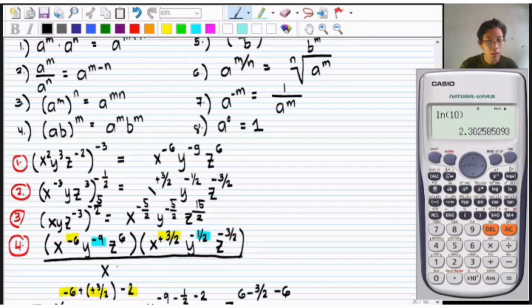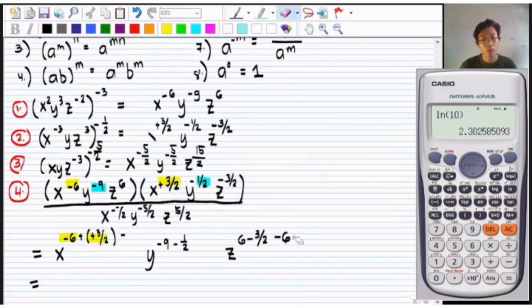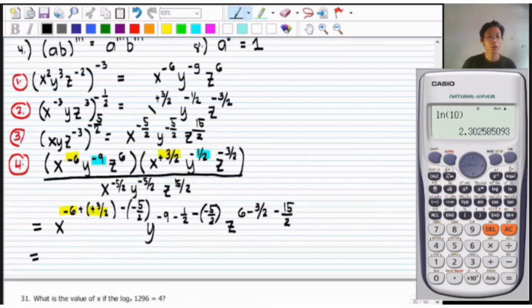Tama na. Palitan natin. So, negative 5/2. So, that will become minus negative 5/2. Ganun rin dito, minus negative 5/2. Then, minus 15 over. Calculator na lang.